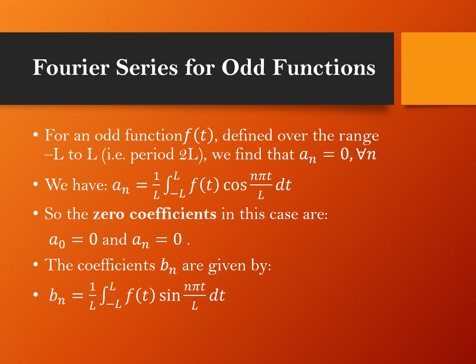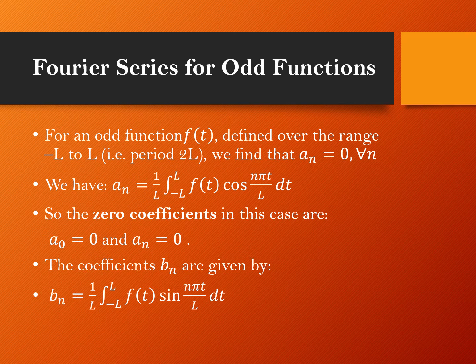Now we consider that the function f(t) is an odd function, like x, x cube, or sin x, and we have to find the Fourier series for the interval minus L to L or period 2L. Then a0 and an will be 0.